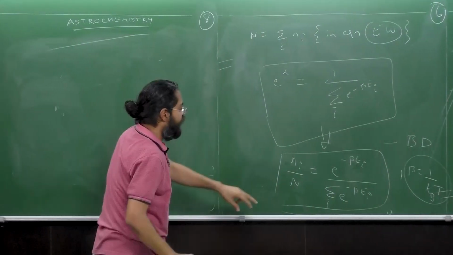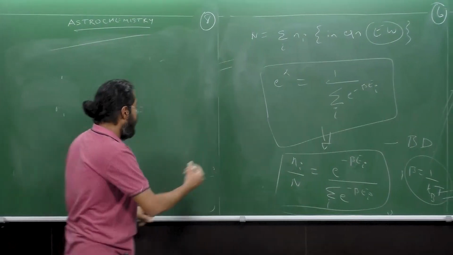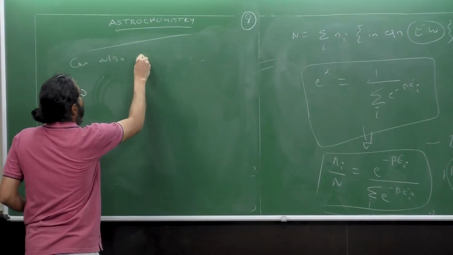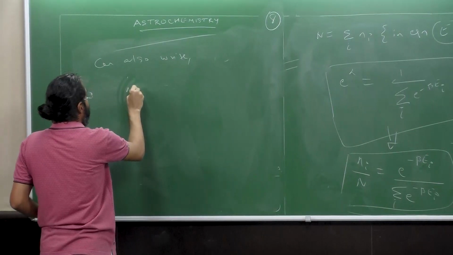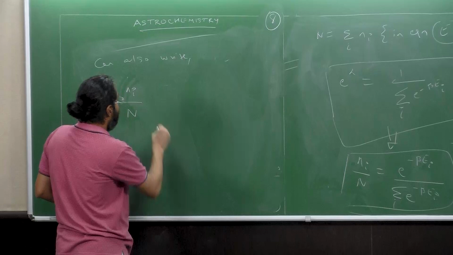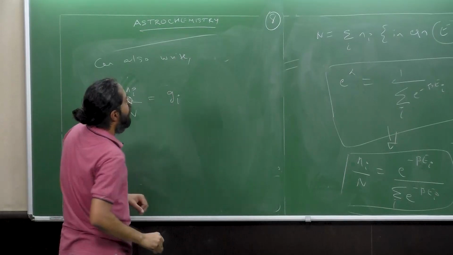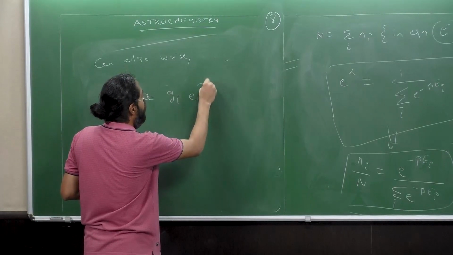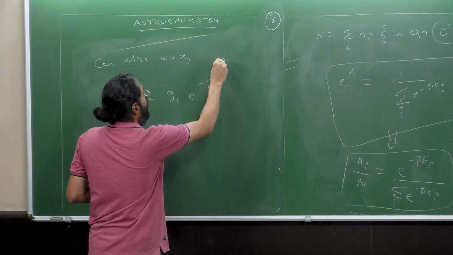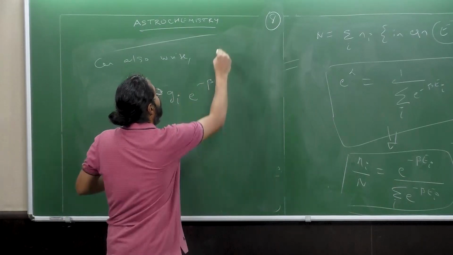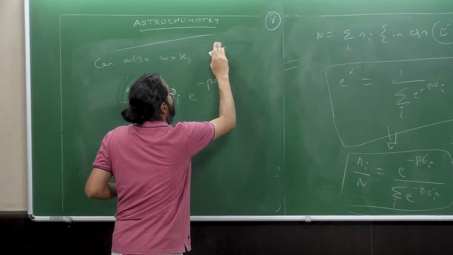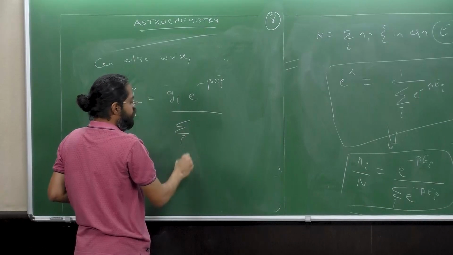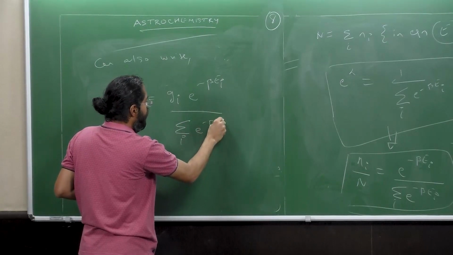Now see, instead of writing the Boltzmann distribution this way, one can also write Ni by N is given by Gi, where Gi is the degeneracy of the system, times e to the power minus beta Ei, divided by sigma over i of Gi e to the power minus beta Ei.